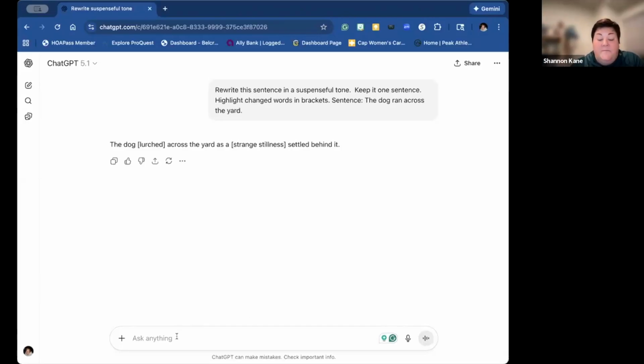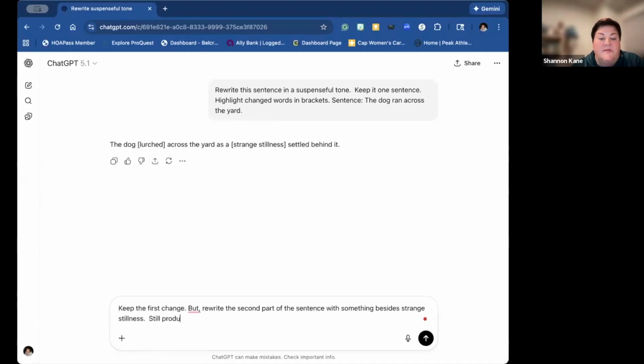And so you could say, keep the first change, but rewrite the second part of the sentence with something besides strange stillness, still produce one sentence and bracket changes.